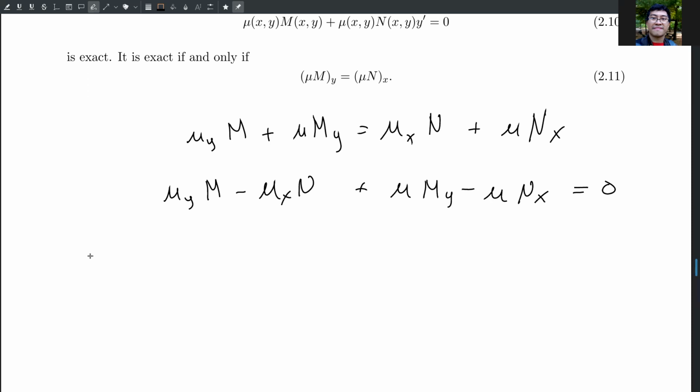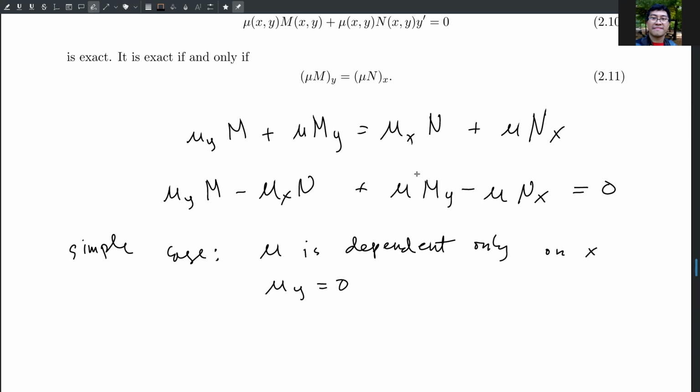Now this could be a very difficult task, to look for mu. Let's have a simple case where mu is dependent on just one variable. Let's say it is dependent only on x. In this case, mu sub y equals 0, so this term becomes 0.